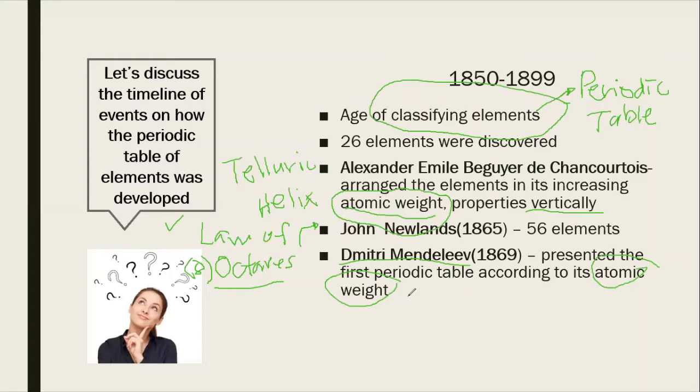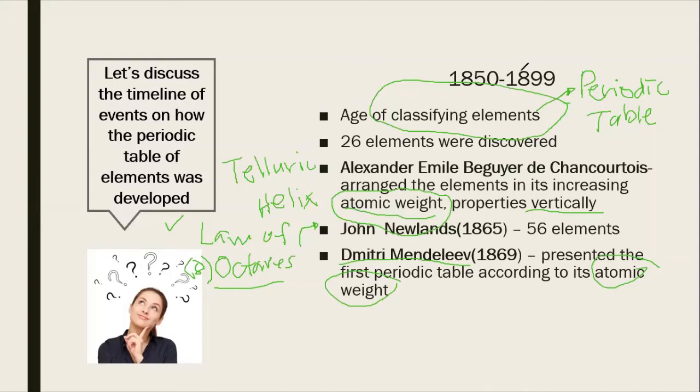Makikita mo doon sa periodic table na naka-arrange siya in accordance to its atomic weight o yung tinatawag nating mass number. So that is Dmitri Mendeleev's contribution. Sa kanya nagsimula ang ginagamit nating periodic table. Kumbaga siya yung pinaka-basis kung bakit nagkaroon talaga ng periodic table.